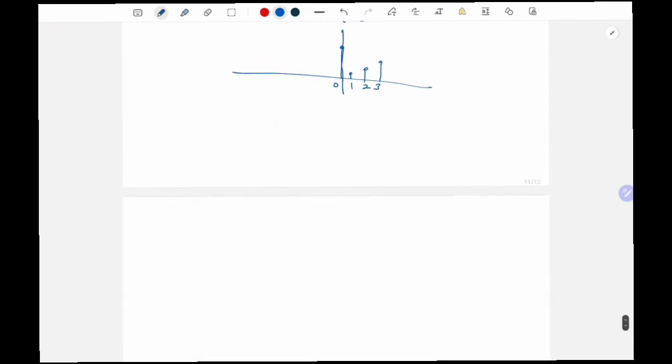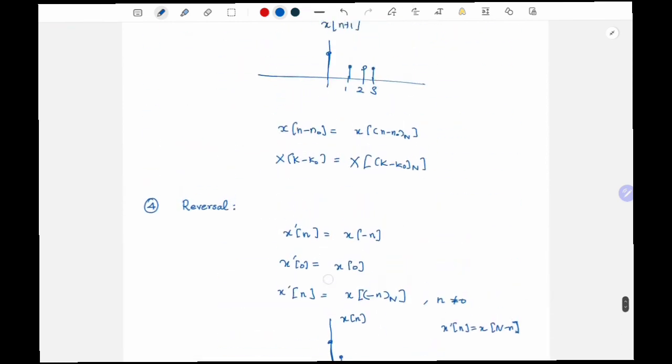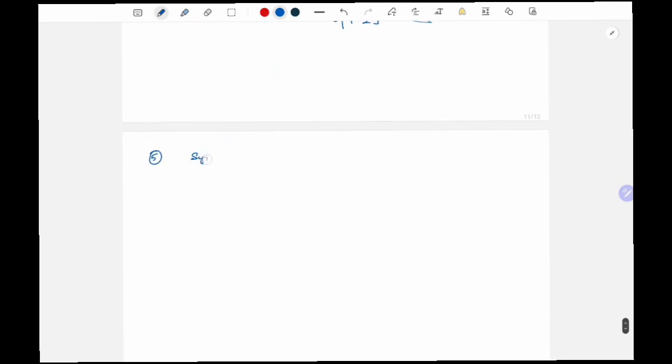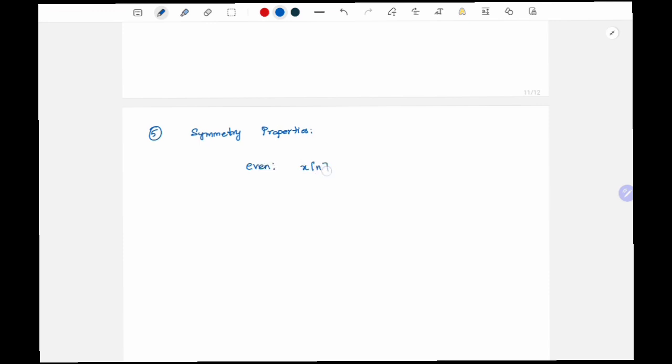So if we see the symmetric properties, for even, your x of n should be equal to x of minus n modulo n. Similarly for odd, you have x of n equal to minus x of minus n modulo n.